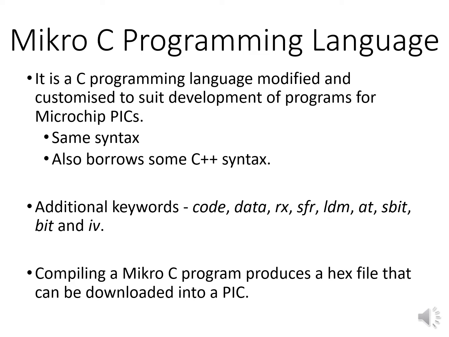It has got the same syntax as the standard C programming language. It also borrows some syntax from the C++ programming language. When a Mikro C program is compiled, it produces a hex file that can be downloaded into a PIC.